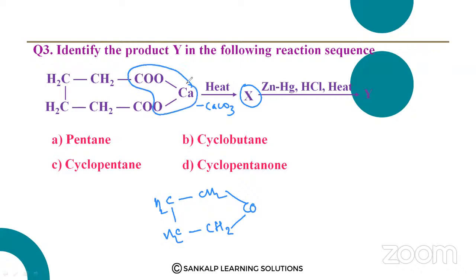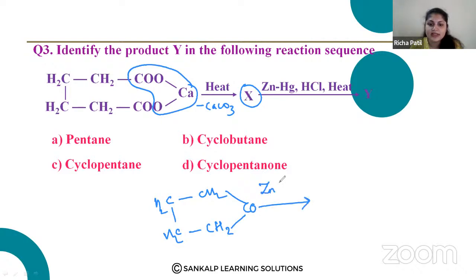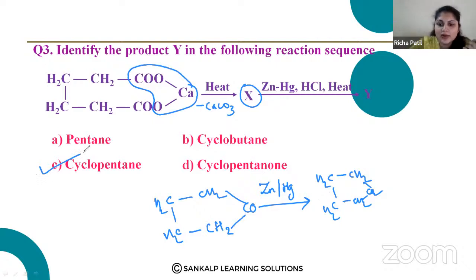Then further you are reducing it in the presence of Zn, Hg, HCl. This is the Clemmensen reduction. When you heat it, it is called the Clemmensen reduction. What is the Y obtained? It is CH2, CH2, CH2, CH2, and CH2. So the correct answer is C, cyclopentane.